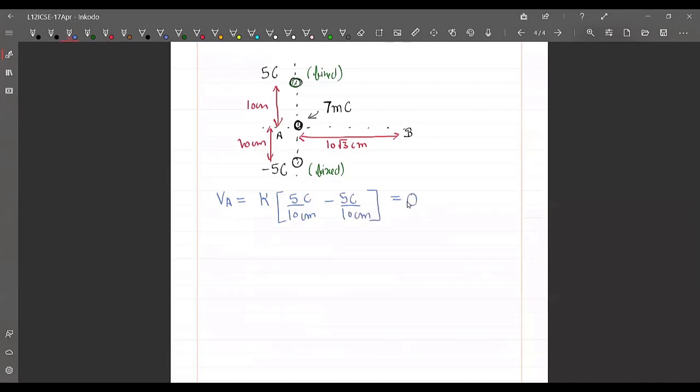So potential at A is 0 because it is equally placed between two. It is equidistant from a positive charge and a negative charge.